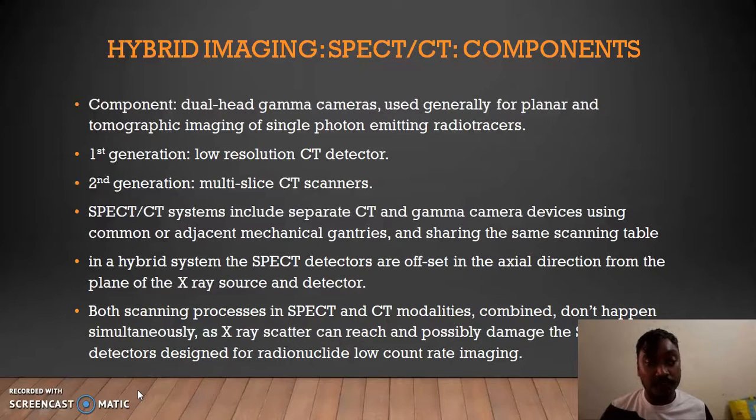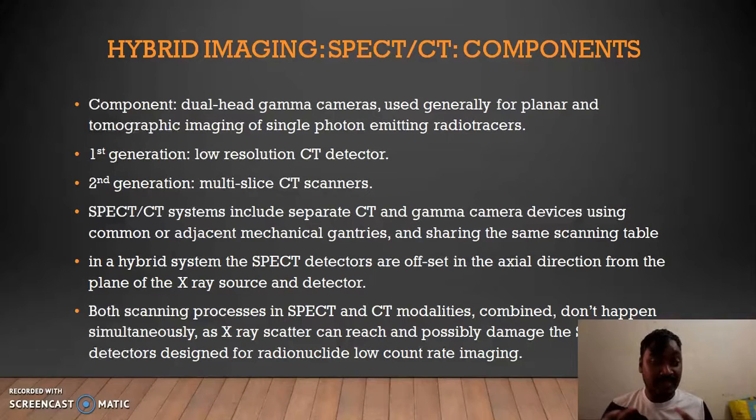For the next part, I will be explaining more on the components of SPECT CT. For the CT detector, the first generation used a low resolution CT detector. For the second ones, CT scanners use better resolution multi-slice scanners.